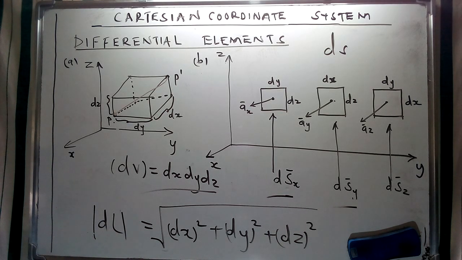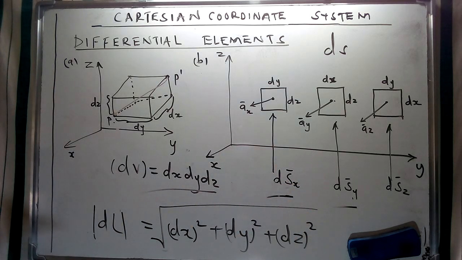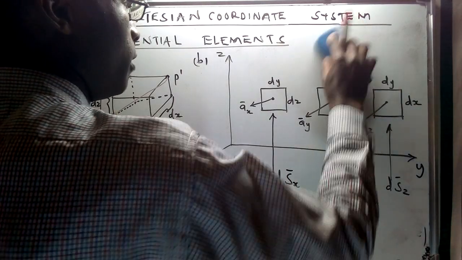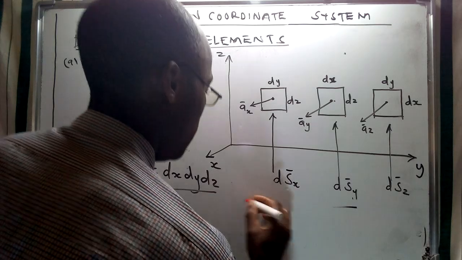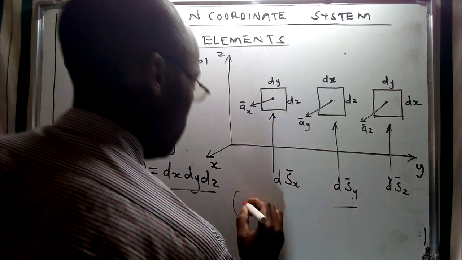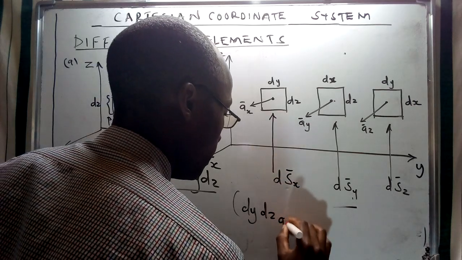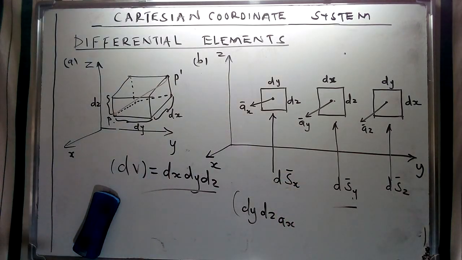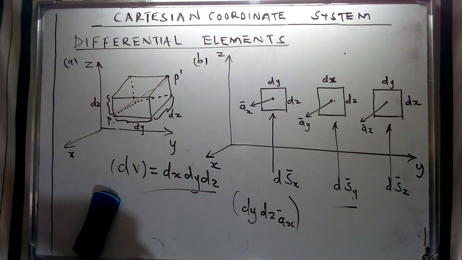So we can define these differential vector surfaces. For dsx, we can define it using dy dz, and then we have ax, which is a vector normal to this specific surface element.